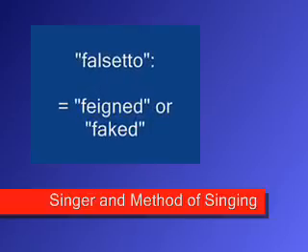Indeed, the word falsetto means feigned, which is a fancy word for faked. And what a falsettist does is to feign or to fake the high sound of a woman's voice. So in a Renaissance church choir, the alto parts were sung by men singing in falsetto. And it is clear that there were no women in the church choirs of that time.